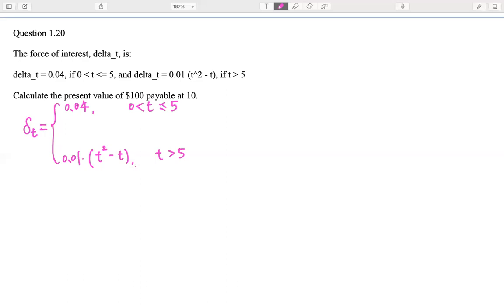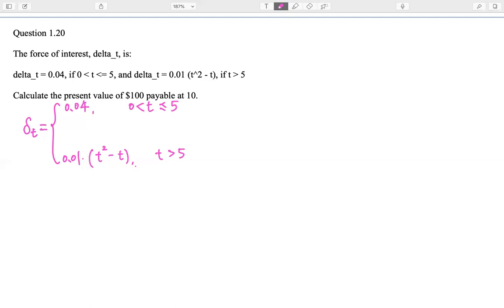So it's 25 minus 5 is 20, 20 times 0.01 is 0.2. So it's actually a lot bigger than 0.04. So you get a huge increase in the interest at t equals 5.